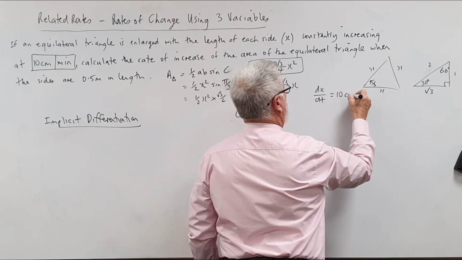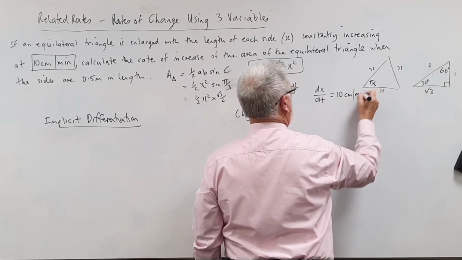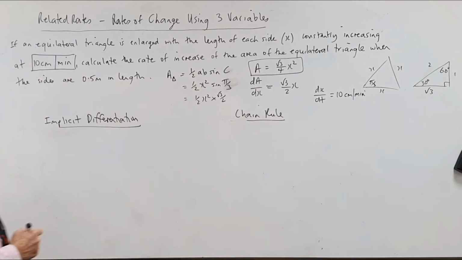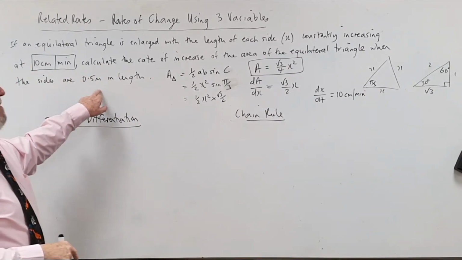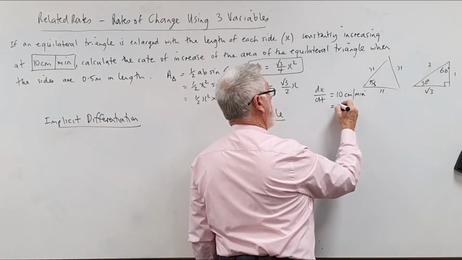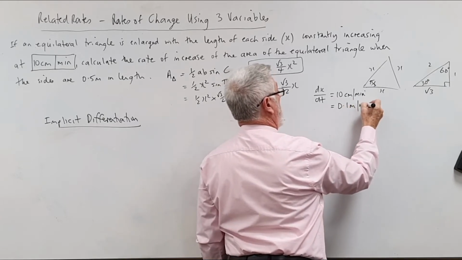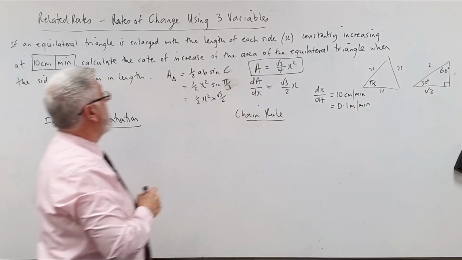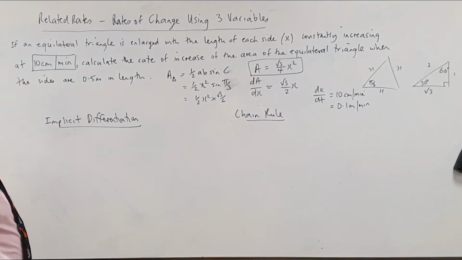And be careful that they're talking about centimetres per minute. But everything else we've got is in terms of metres. So I could turn that to centimetres, or I could turn that back. That could be 0.1 metres per minute. So 100 centimetres, 0.1 metres per minute. I think I would do that first every time, because it's too easy to muck it up and look back later and go, oh, I stuffed it up again.